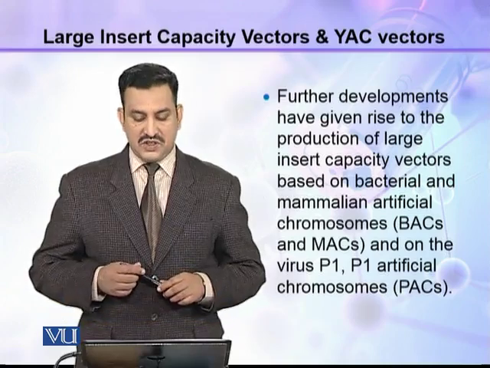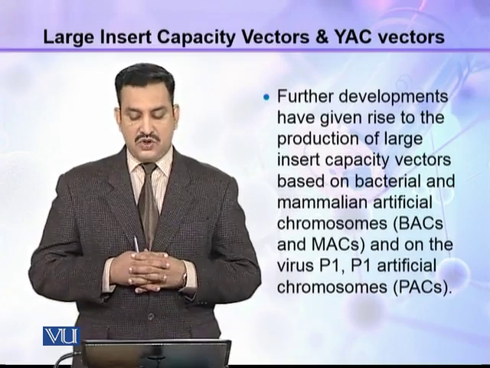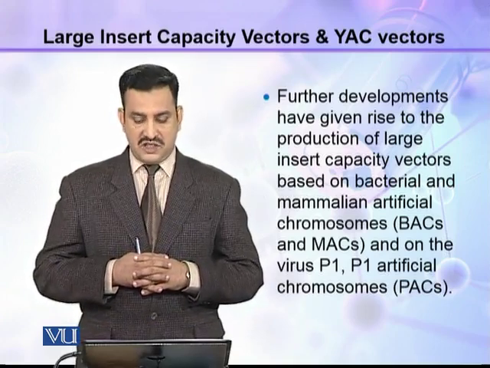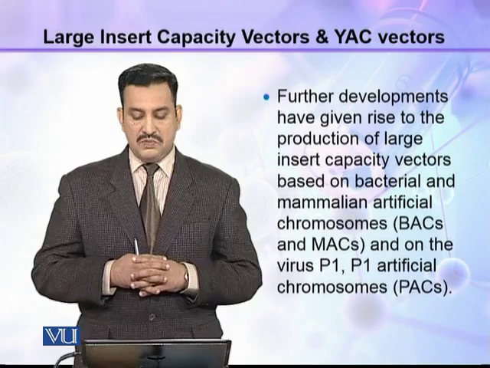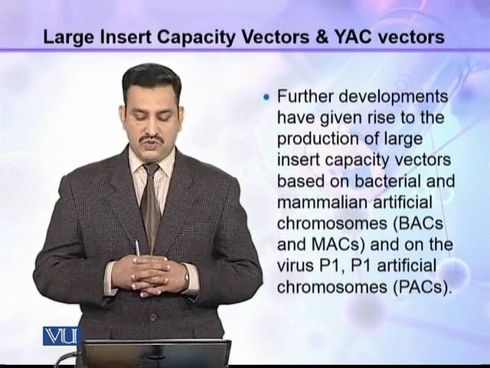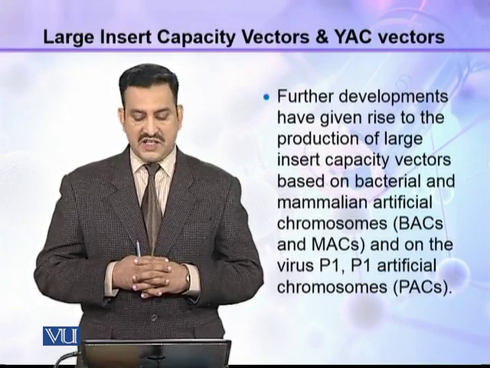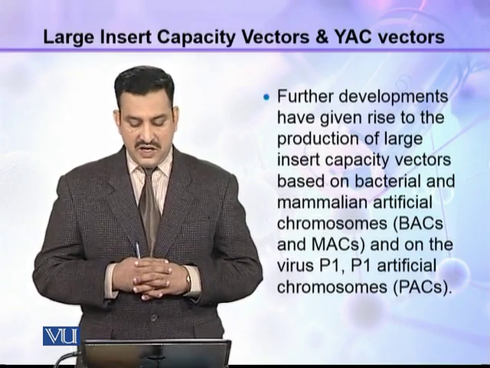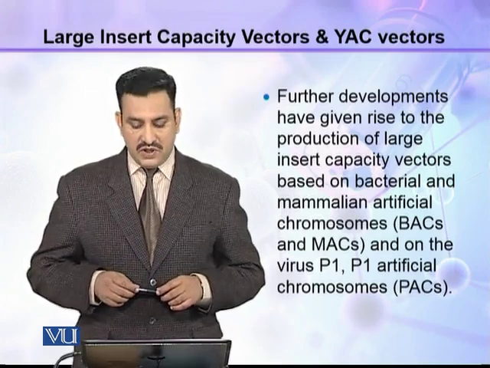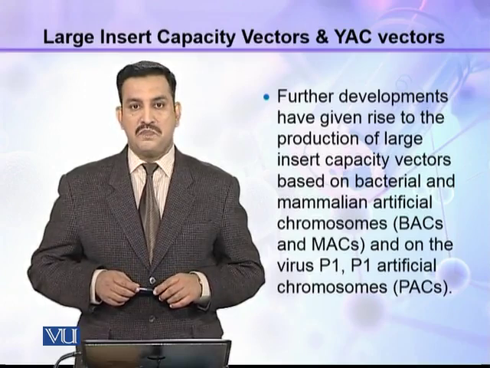Further developments have given rise to the production of large insert capacity vectors based on the bacterial and mammalian artificial chromosomes, which are called BACs and MACs, and on the virus P1 artificial chromosomes, which are called PACs.